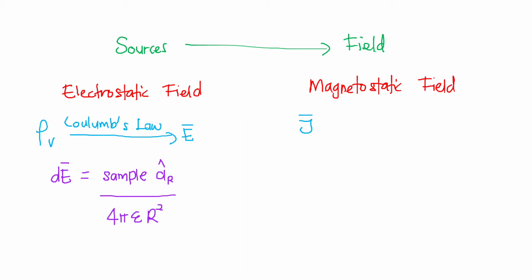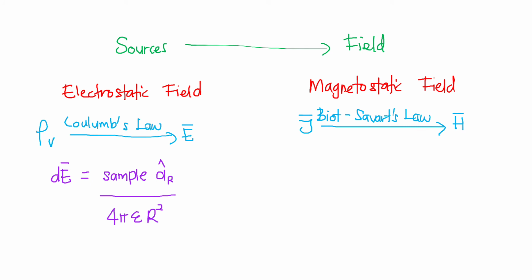Because the source for the magnetostatic field is a moving charge, and the field is H. J and H are connected using Biot-Savart law. The equation of Coulomb's law and Biot-Savart's law are quite similar.